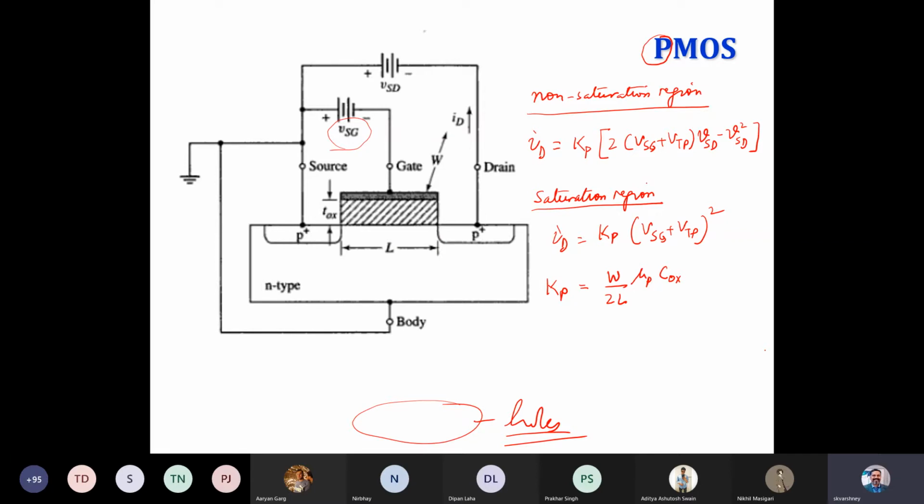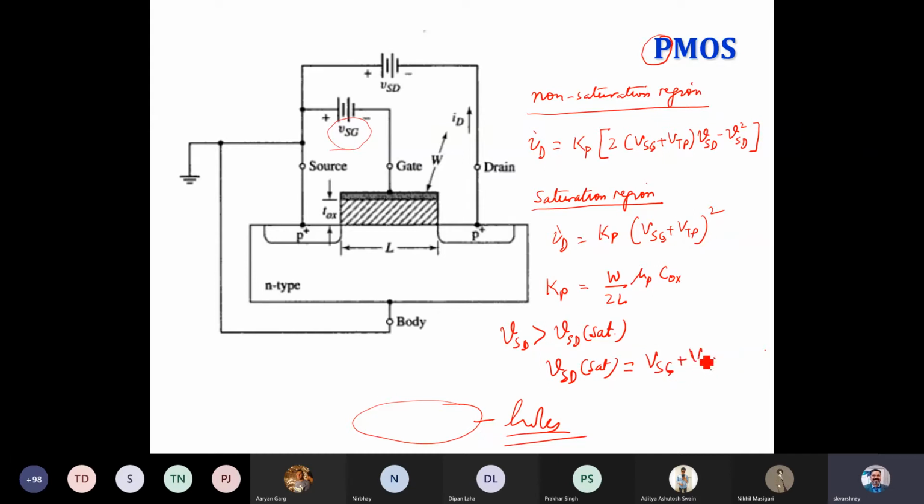So this is what we write down. For the P channel MOSFET to be biased into the saturation region, VSD has to be larger than VSD saturation, the saturation voltage. In the same way we wrote for NMOS, we can write VSG plus VTP.